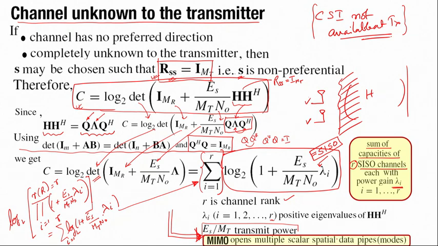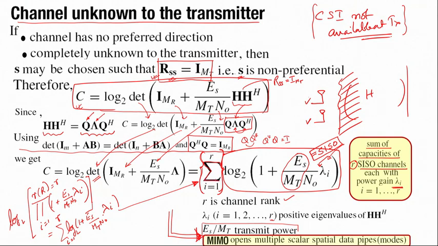In SISO, you have only one data pipe where your SNR is inside the logarithm. Here what we see is that the signal power is broken down, and we have added them. That means the summation is outside the log.